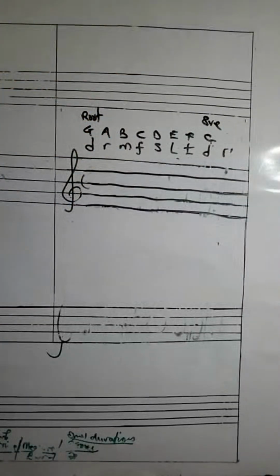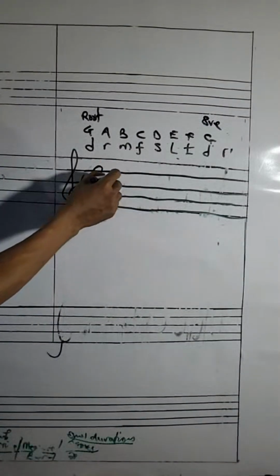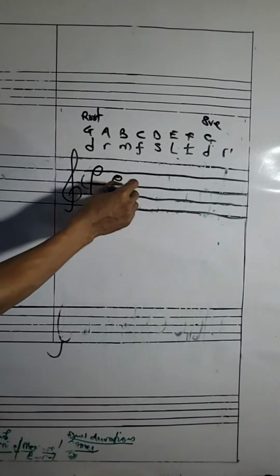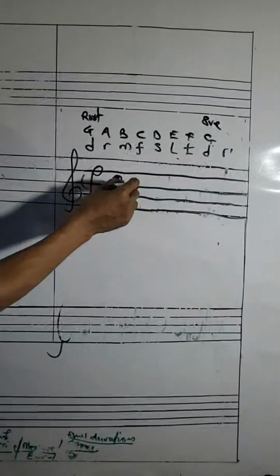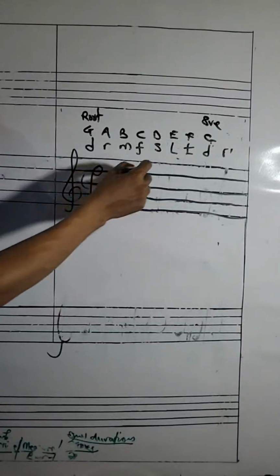So when you see a piece of music, let's say for instance you are seeing a 4/4 time signature and the piece of music is in G. So let's say for instance there's a note here. So there is a note here.